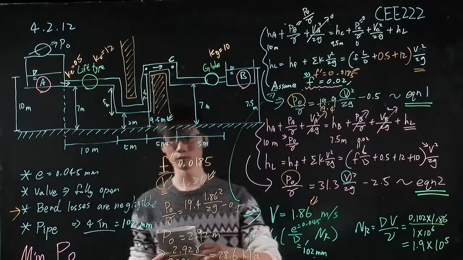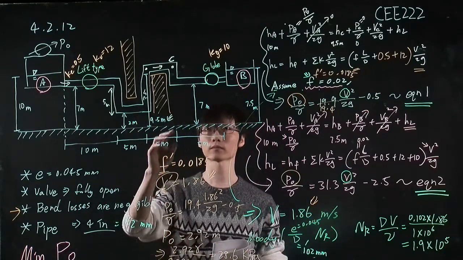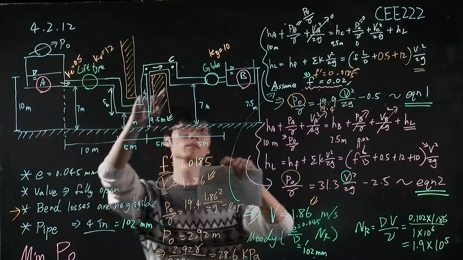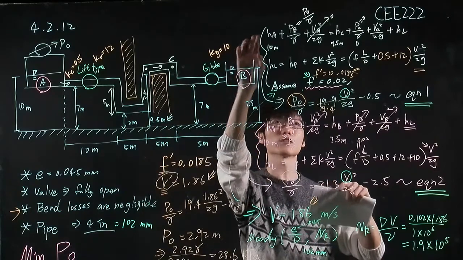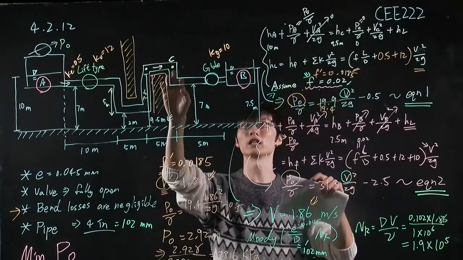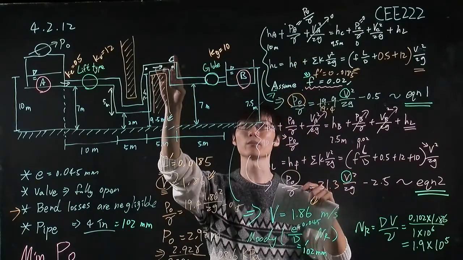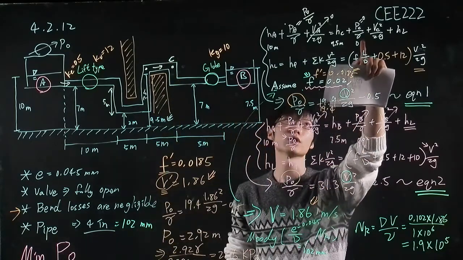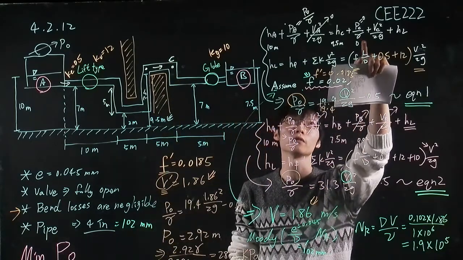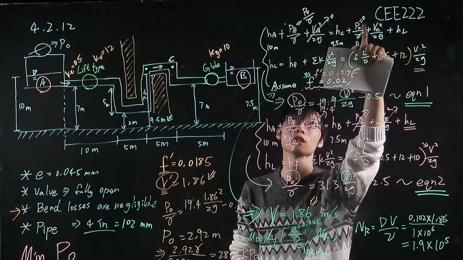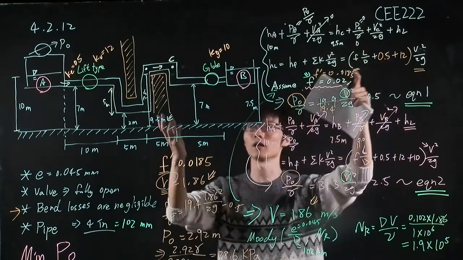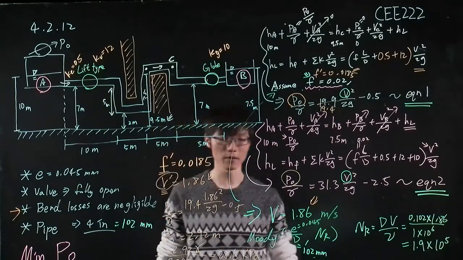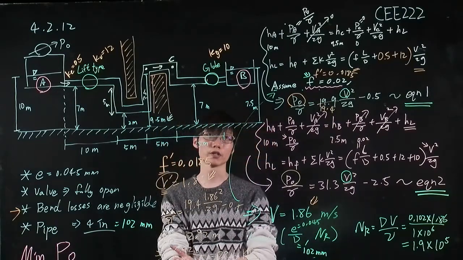So we want to solve the P naught and write down the energy balance equation like here, and because here is the lowest pressure point, we want to find the minimum P naught. Therefore, we choose the critical value for this PC equal to 0, to ensure any other place can have positive pressure.